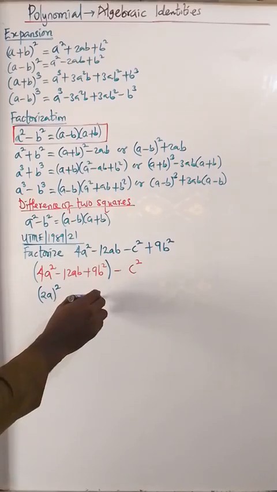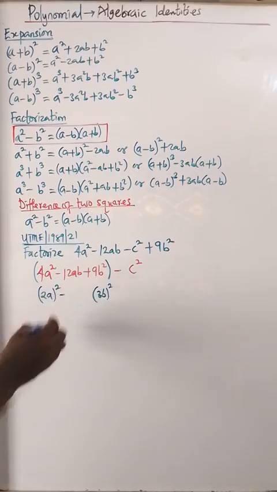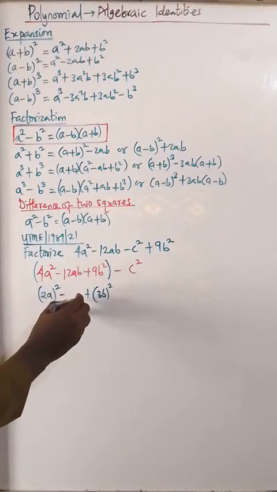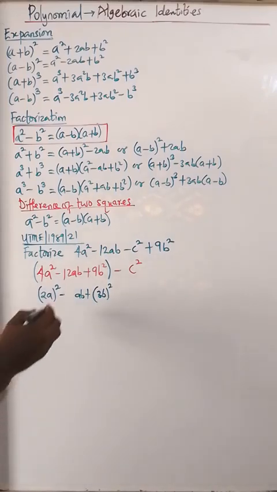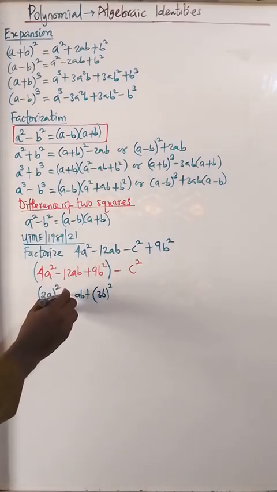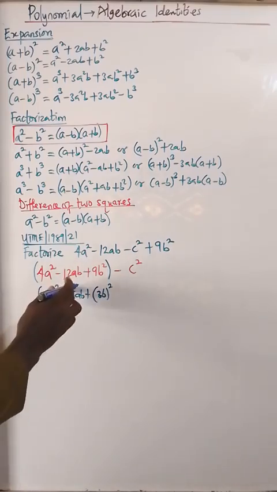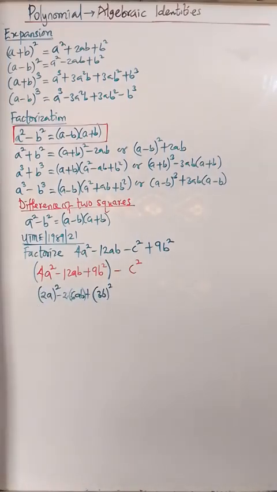This 9b squared can be expressed as 3b all squared. At the center we have twice, minus what? We have ab. What else beside ab? 12. And what's 12? 2 times 6. So we can say 2 into 6ab.